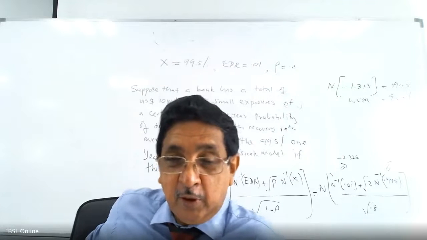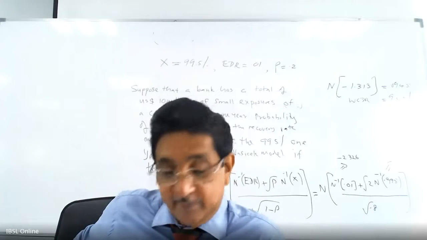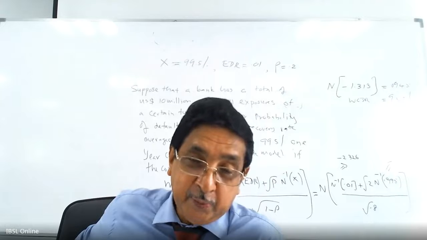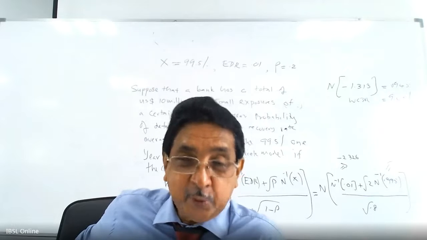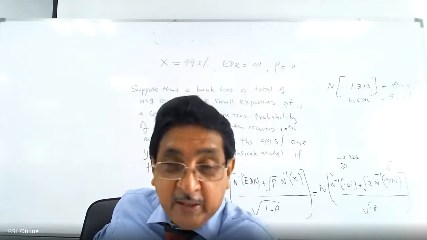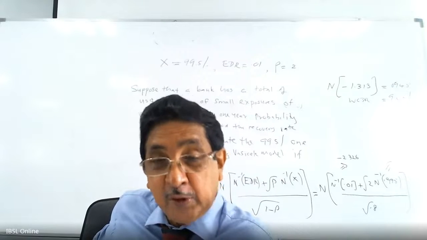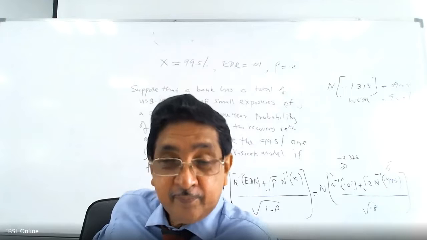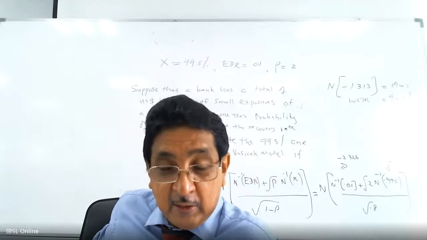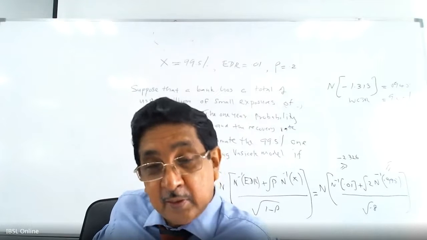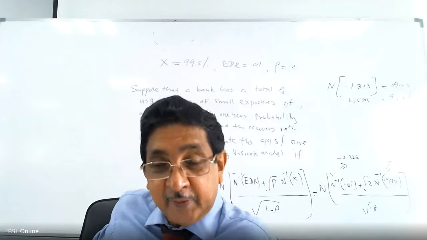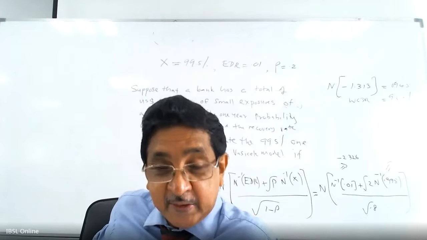Now I think you all should understand what we are doing here. We have gone through a 10 million portfolio of loans. That is, the total value is $10 million. And we have determined the EDR, expected default rate of that portfolio for each and every loan. It is taken as 1%.